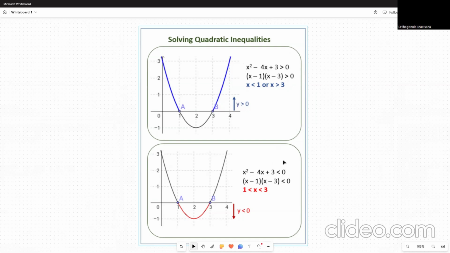Over here, we still have the same equation, but we are looking for where the y values are less than 0. If we look at our graph, we'll see that they exist between the values of 1 and 3. So we write that x is between 1 and 3, so that we get y values that are less than 0.